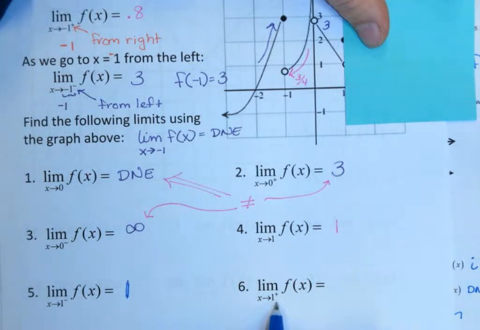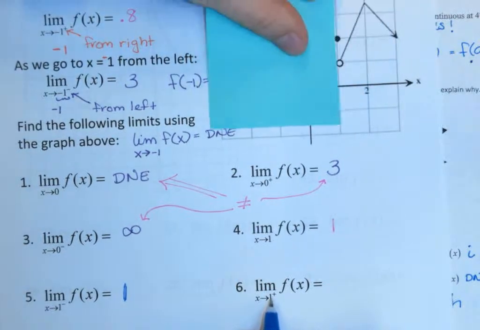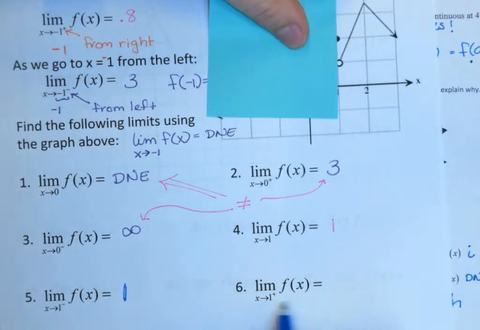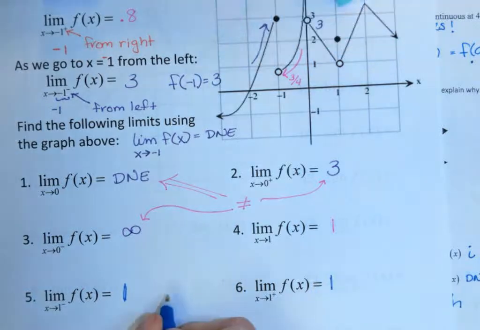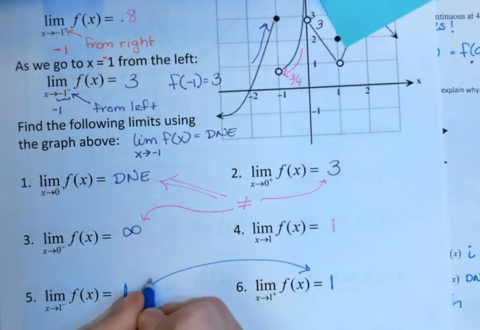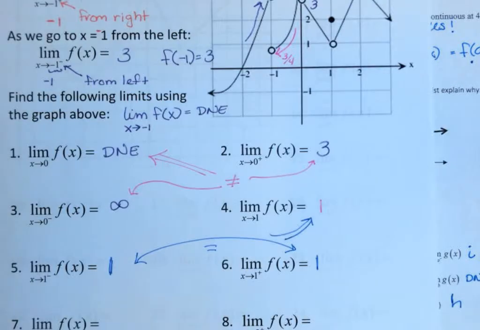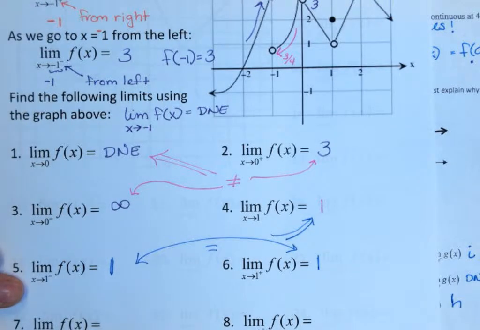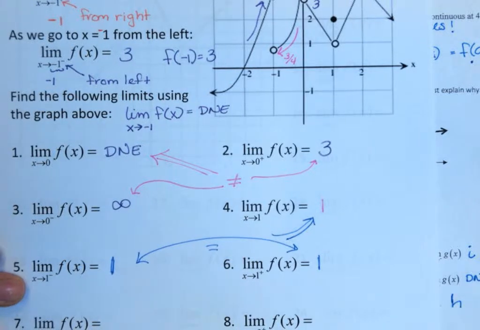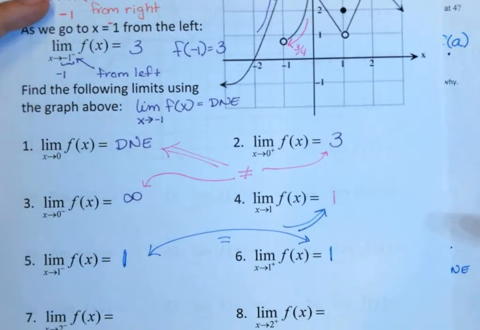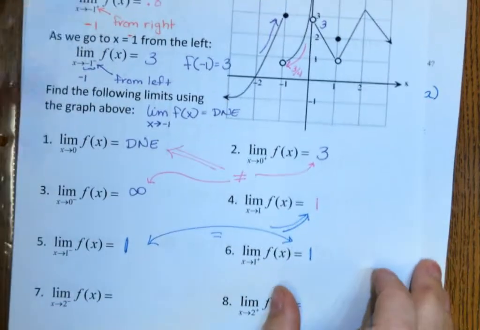And this one is saying, on the right-hand side, what's it going to? And because these two are the same, we do have a limit. Okay? So I want you guys to try 7, 8, and 9.